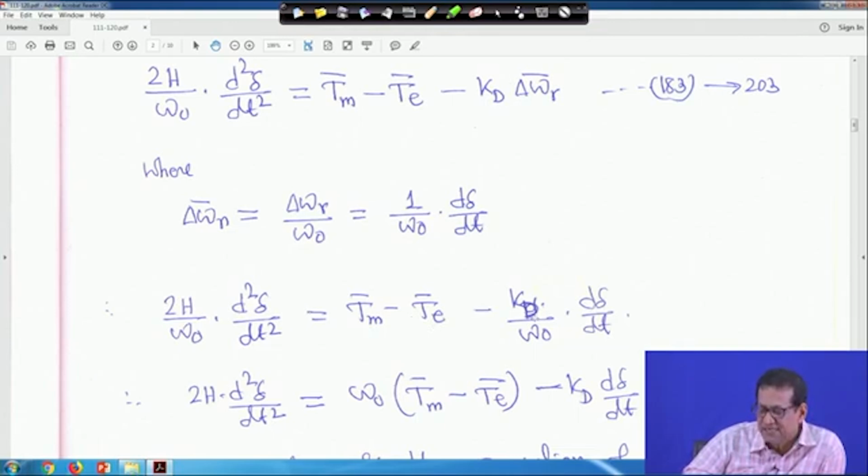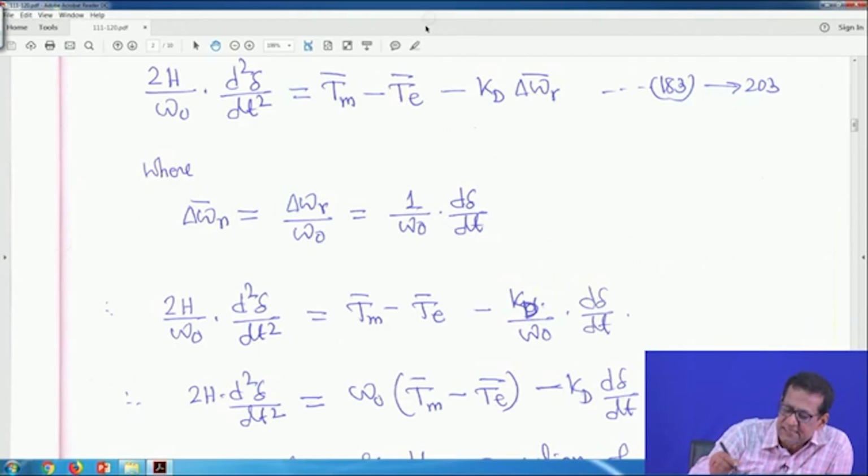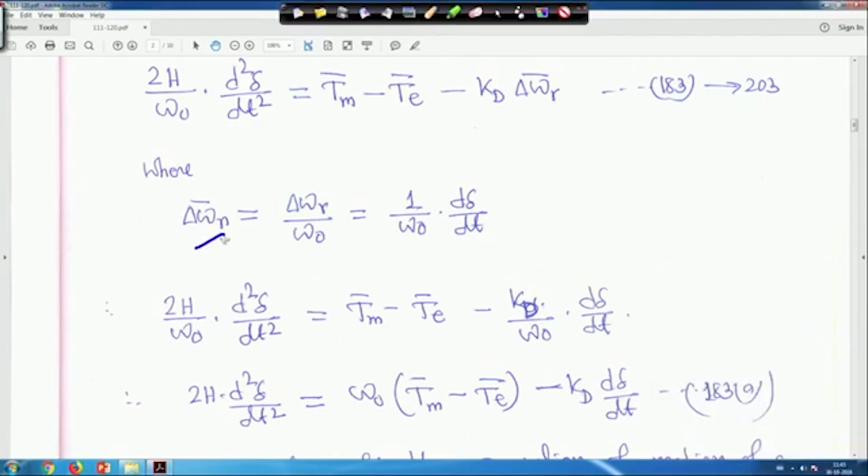What has been done is that delta omega r bar is equal to 1 upon omega 0 into d delta by dt. This has been substituted here. If you substitute here, you will get minus k d upon omega 0 into d delta by dt.